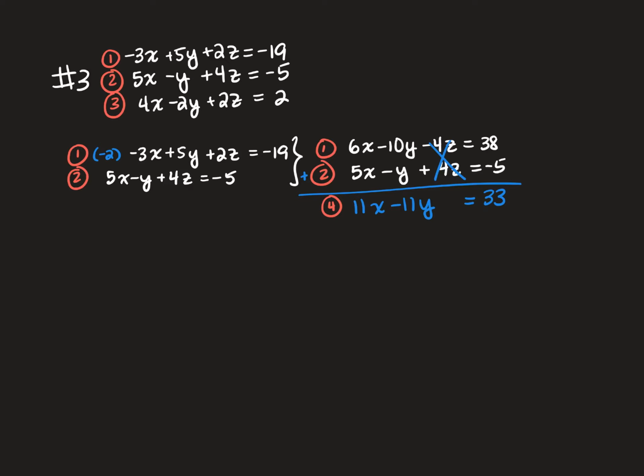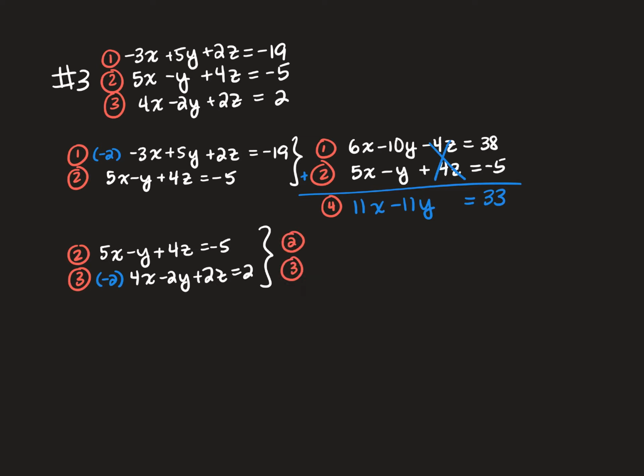Then I'll do the same thing, sticking with eliminating z's, but this time I'm going to take equation 2 and equation 3. So equation 2 I don't need to do anything with, just going to rewrite it here. But then equation 3, just like I did in the previous step, I'm going to have to multiply it by -2 so that I end up with something that will allow me to eliminate my z's. So when I multiply that all out, I've got equation 2 and equation 3.